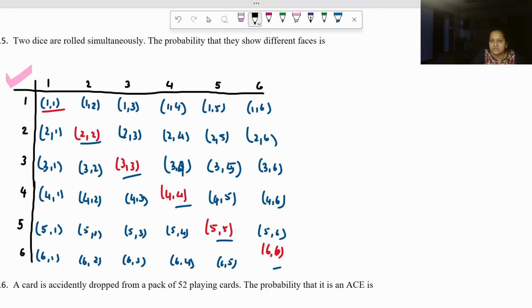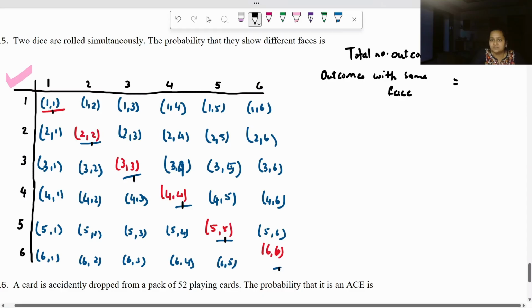We know total number of outcomes is 36, 6 6s are 36. Outcomes with the same face, how many outcomes have the same face? Outcomes with the same face are nothing but the doublets, and there we know there are how many doublets? 1, 2, 3, 4, 5, and 6.